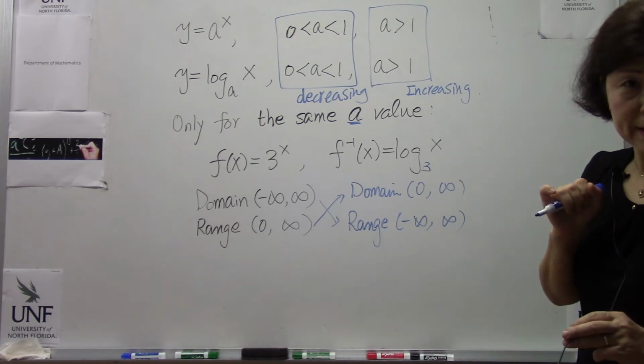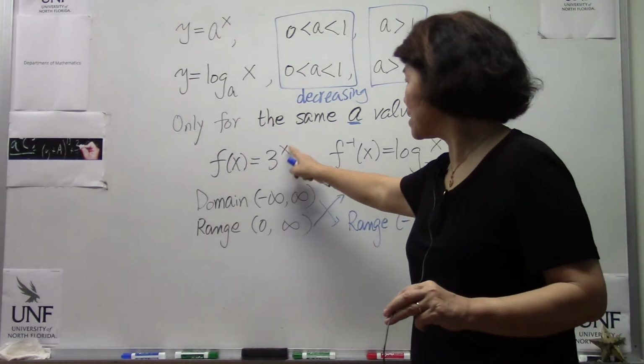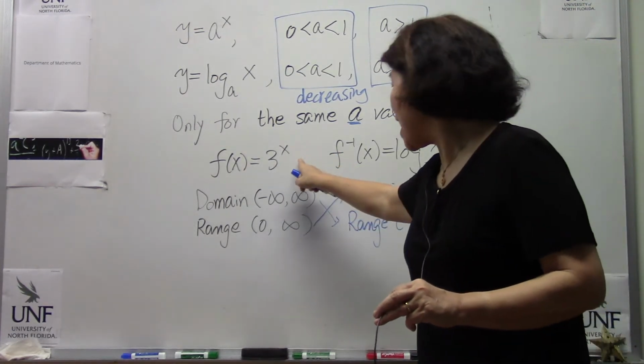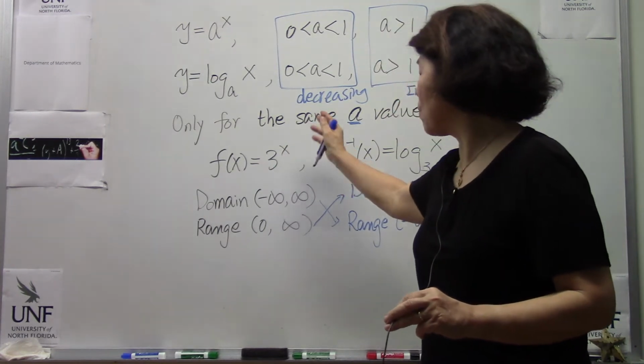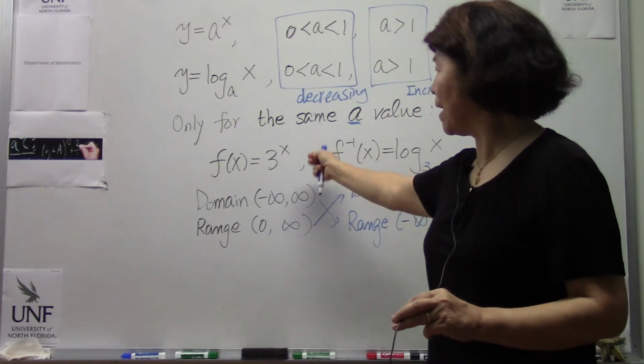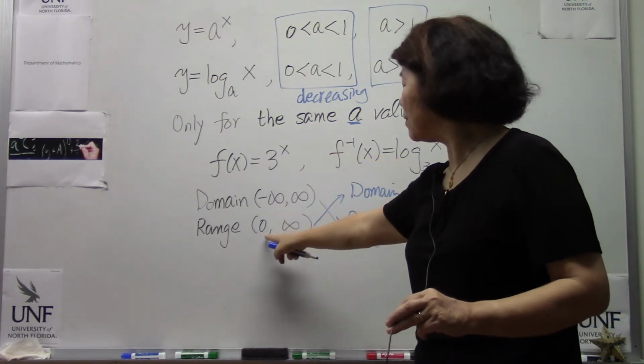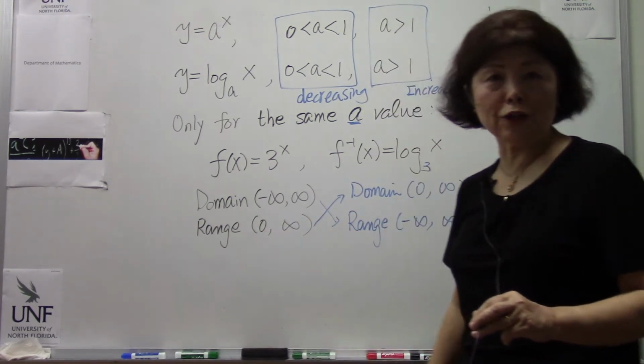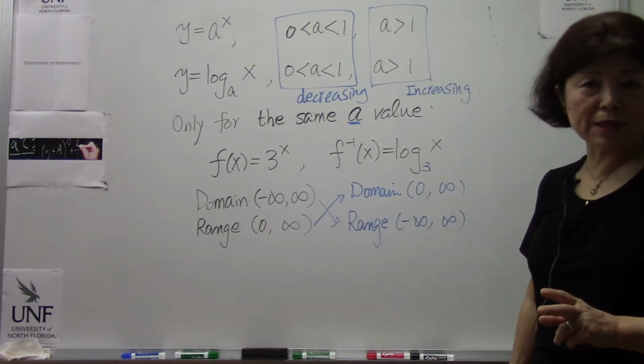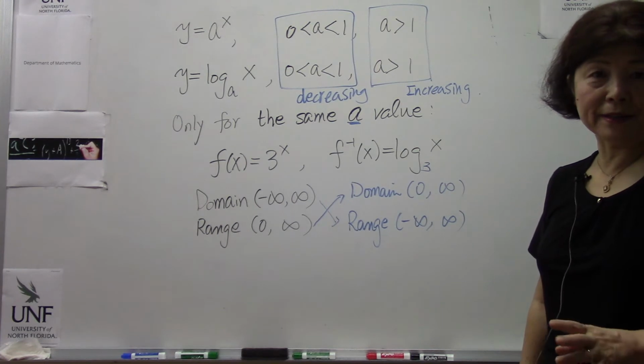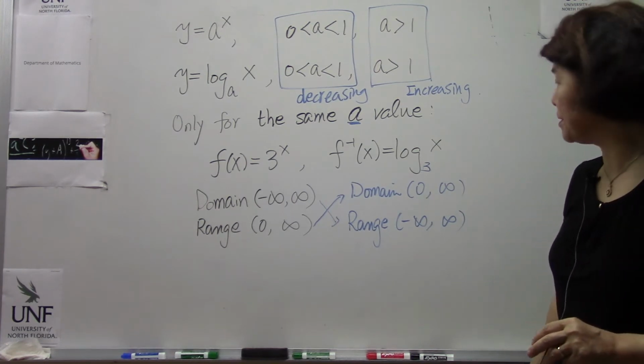In other words, for an exponential function, any function value you calculate has to be a positive real number. It cannot be 0, it cannot be negative.